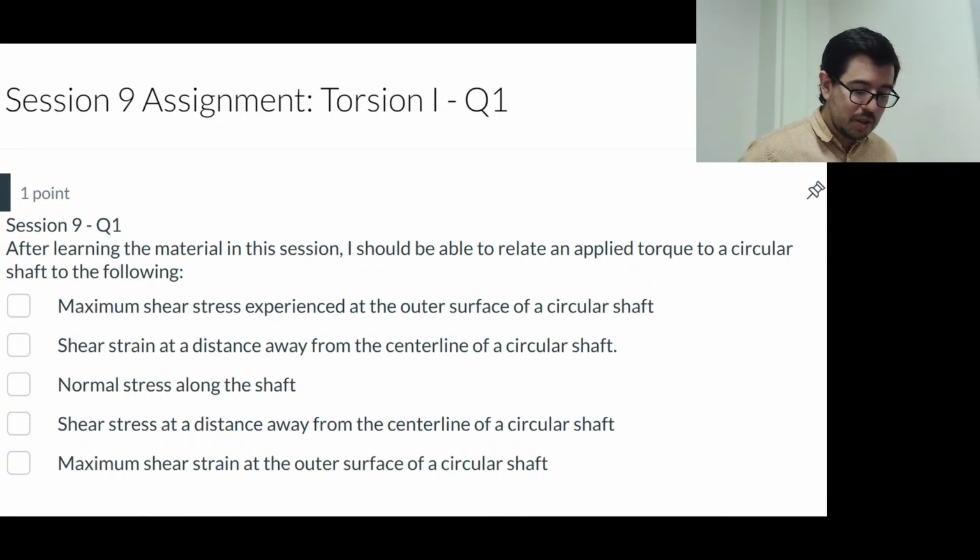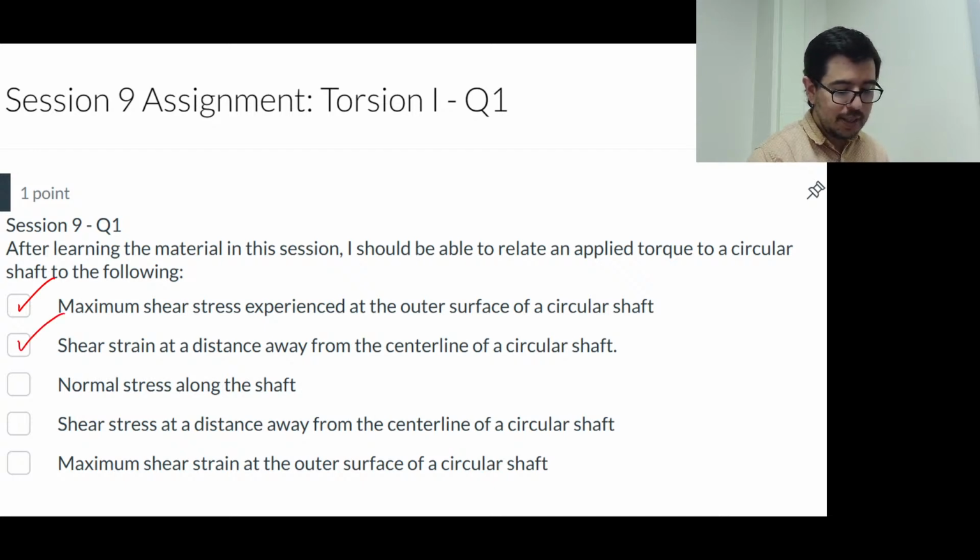So by the end of this, the idea is that we should be able to know something about maximum shear stress experienced at the outer surface of a circular shaft. We should know something about shear strain at a distance away from the center line of a circular shaft. We're not really going to talk much about the normal stress, although if I have a shaft and I apply forces at the ends, that's the normal stress.